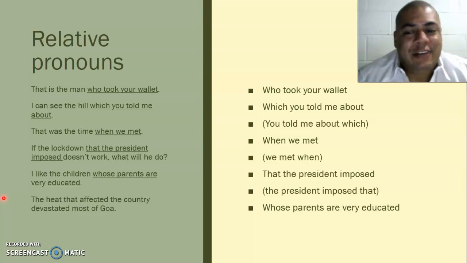I like the children whose parents are very educated. The antecedent for whose is the children. So we would say the children's parents are very educated. Get it?